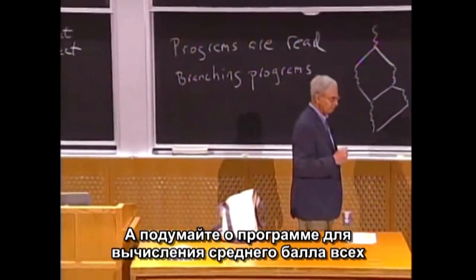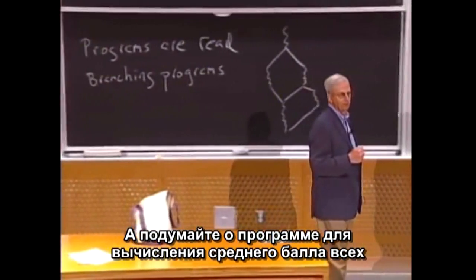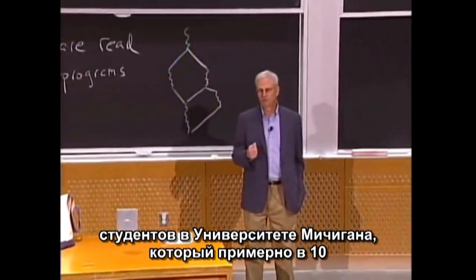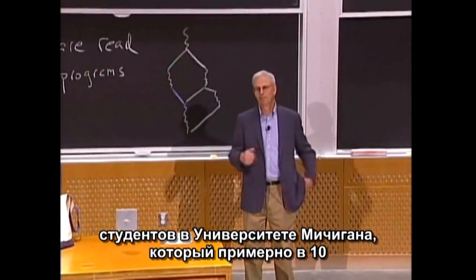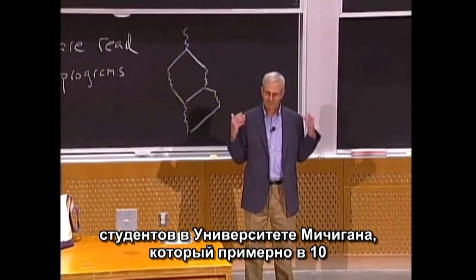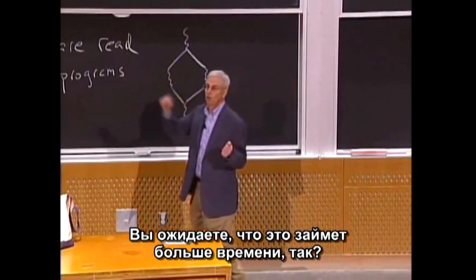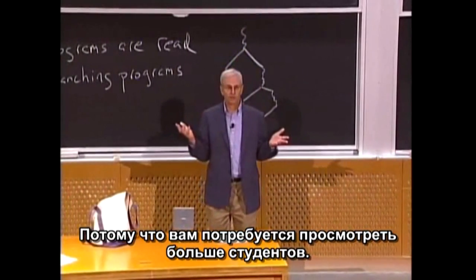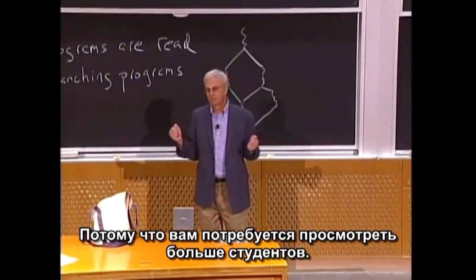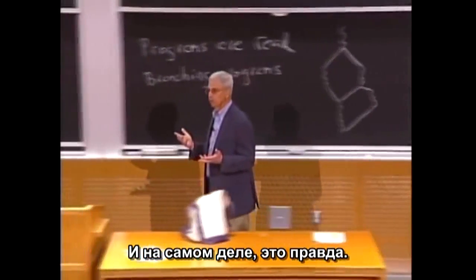Think instead about a program to compute the GPA of all the students at the University of Michigan, which is probably 10 times bigger than MIT. Well, you would expect that to take longer, right? Because you have to look at more students. And in fact, it's true.